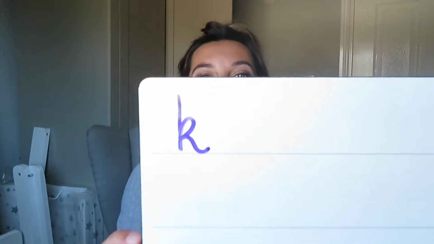Now let's have a look to see if the word kite that you've written looks like the word kite that I've written. So the first sound you should have is K, and although you don't know it, it's actually a kicking K. So it should look like that. The next thing you should have done is added the split I digraph.